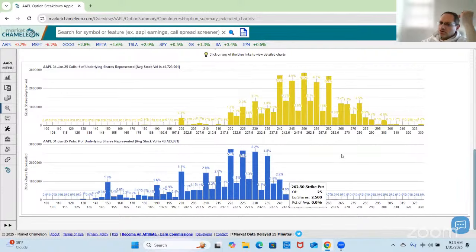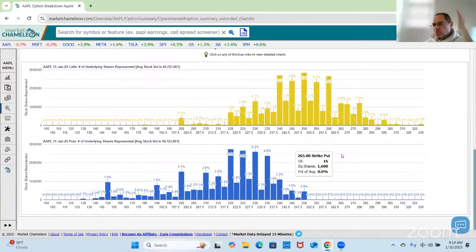And if all that open interest converted to stock, so let's say the stock is in the money, and all these options become assigned at expiration, that means that it gets converted to stock. One contract gets converted to 100 shares of stock.